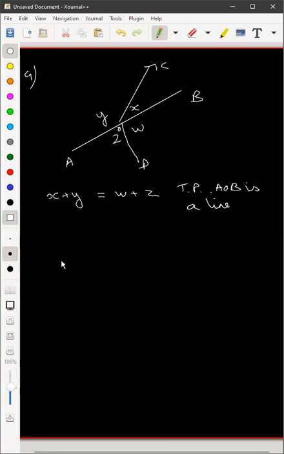Maria, tell me, what do we start with? Sir, we will first do that X plus Y plus W plus Z is 360 degrees. So to prove AOB is a line, what do we need to prove? That X plus Y is equal to 180 degrees, because this becomes a linear pair. If we can prove this, then automatically AOB will be a line.